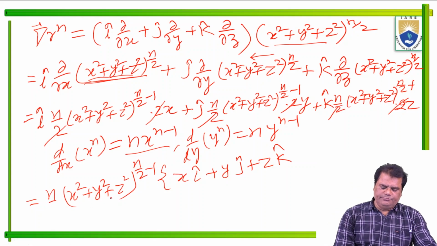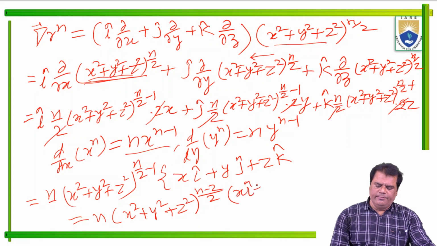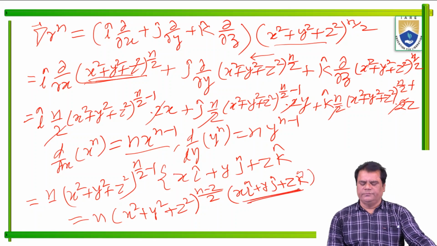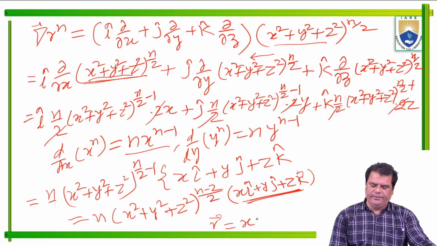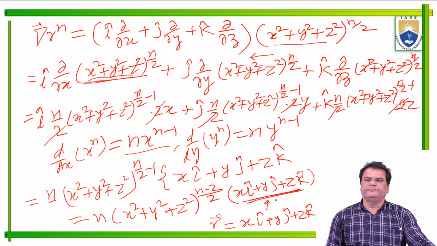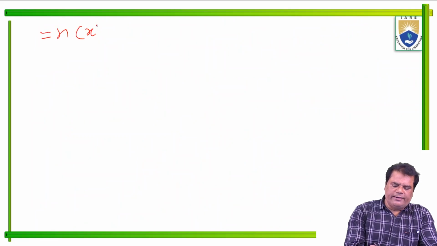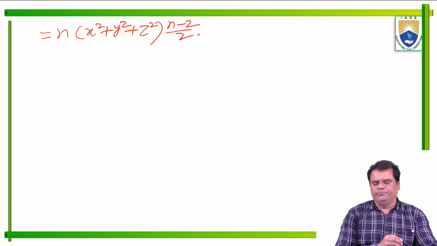So we write n (x² + y² + z²)^((n-2)/2) times (xi + yj + zk). This is our vector: vector r is xi + yj + zk. Putting this value here, we get n (x² + y² + z²)^((n-2)/2).